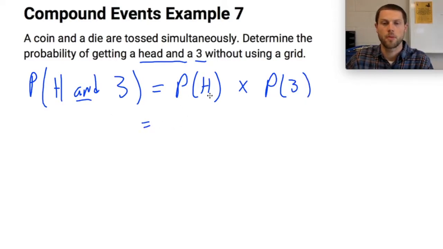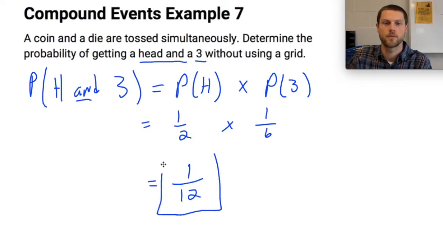We know that the probability of flipping a head is 1 out of 2, and the probability of rolling a 3 on a 6-sided die is 1 out of 6. So when I multiply these 2 probabilities together, the probability of getting both of these things is 1 out of 12. Just like that.